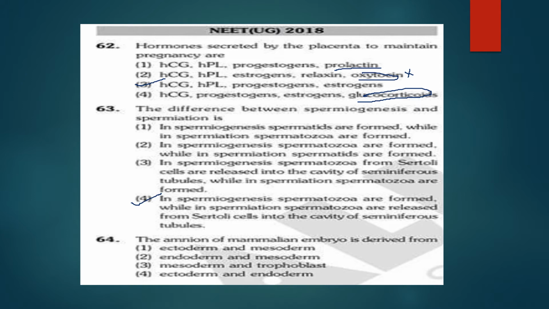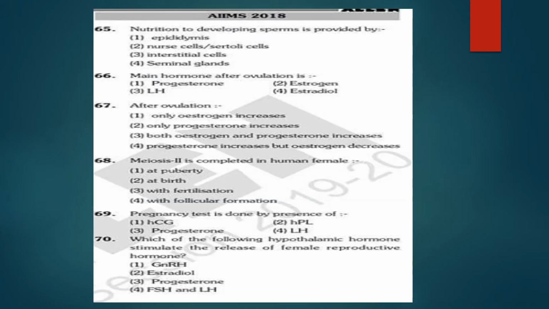And now, coming to the 64th question. The amnion of the mammalian embryo is derived from the ectoderm as well as the mesoderm. This is a direct question. Amnion is being derived from the ectodermal as well as the mesodermal layers. Now, coming to the next question.